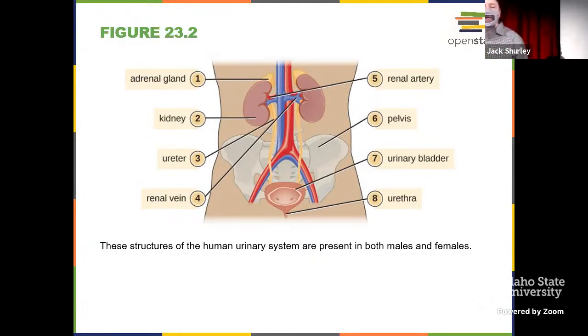So there's a couple of images here, some anatomy as we move through. I'm not going to expect you to commit all of this stuff to memory, but just looking at it gives you a little bit of an idea as far as where we're talking about.